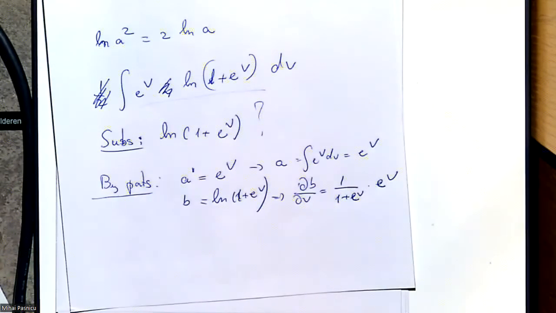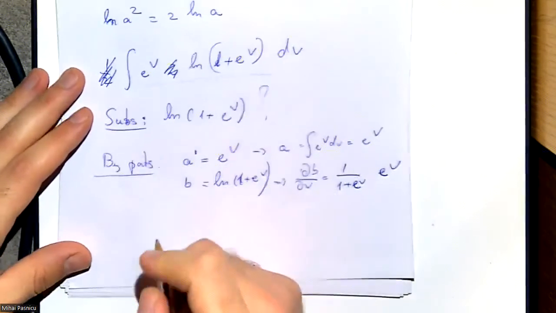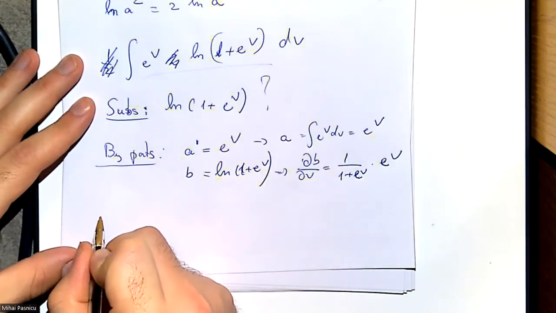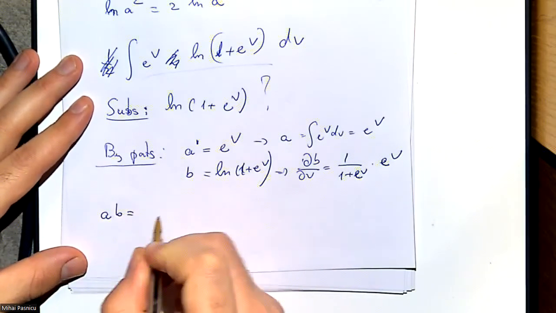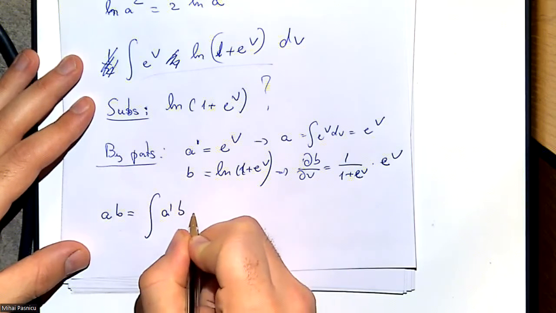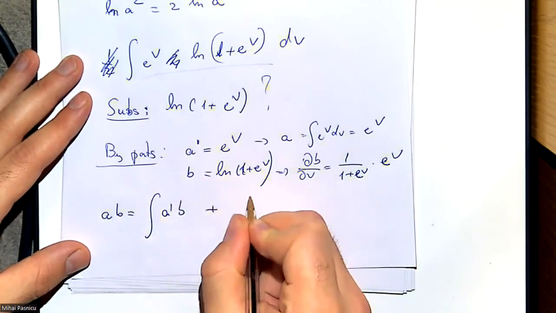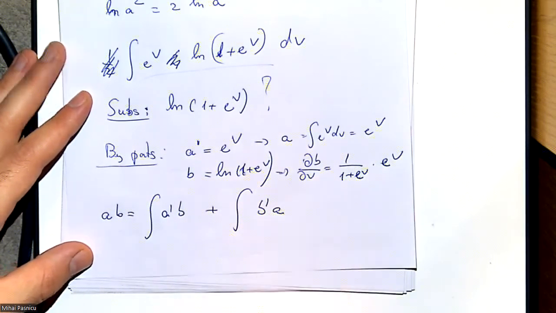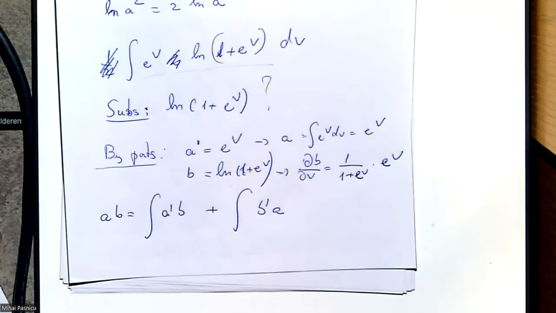And then the by parts formula is the following: AB is equal to the integral of A prime B plus the integral of B prime A. Does this ring any bell? Looks familiar? Hopefully. It's the same formula, just instead of UV, I use this.